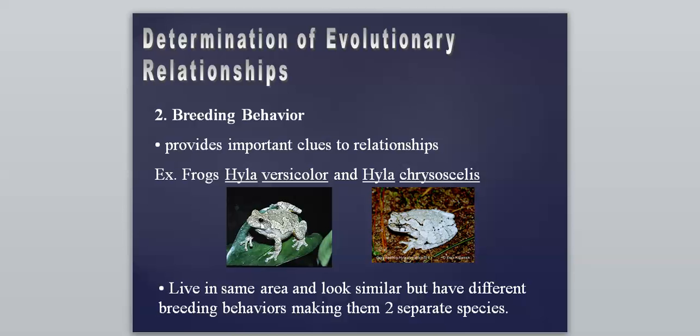However, when physical characteristics aren't enough, we can look at other things, breeding behavior being one of them. These live in the same area and look similar, but they have different breeding behaviors, which makes them two separate species. A different breeding behavior could mean they have different mating calls, or they breed at different times of the year, things like that. So another way we can tell evolutionary relationships, or maybe evolutionary differences, is the type of breeding behavior they have.